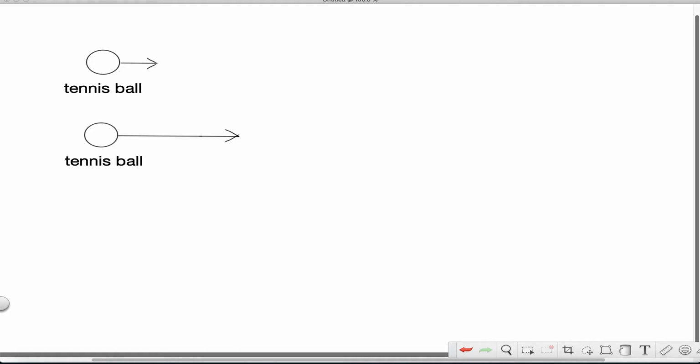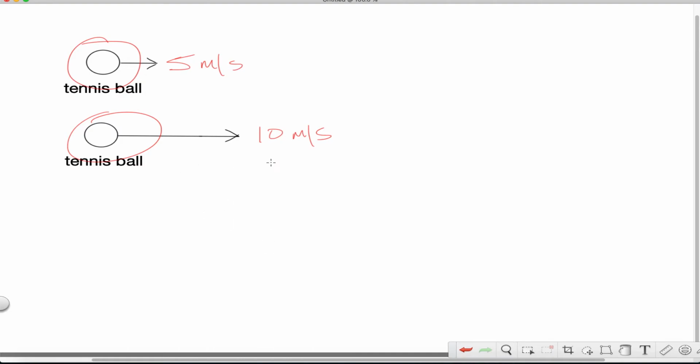Let's say the top ball is moving at 5 meters per second, and the bottom ball at maybe 10 meters per second. If these two tennis balls were to hit you, you would know which one was traveling faster. This one would hurt you more than this one.